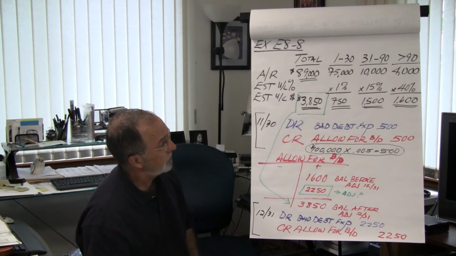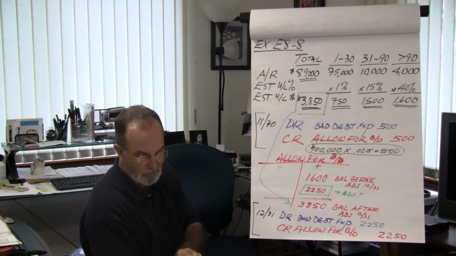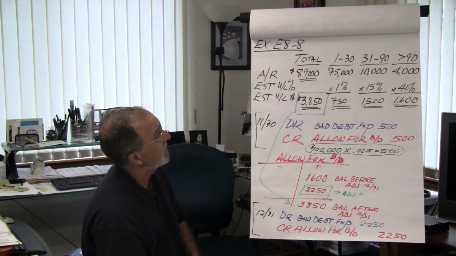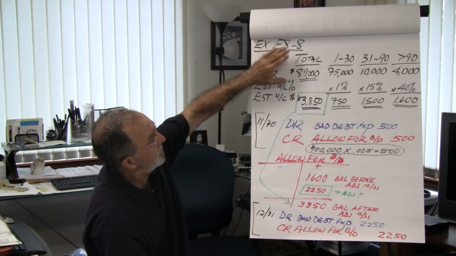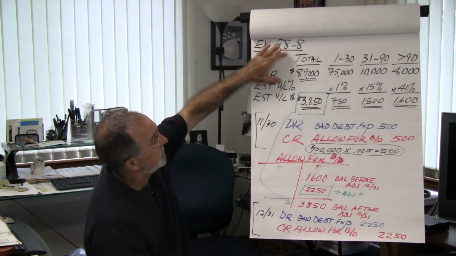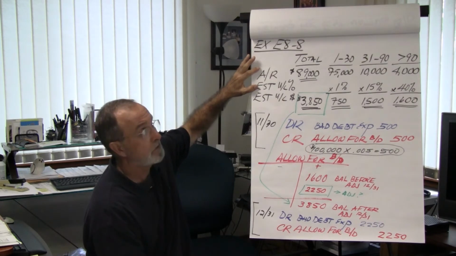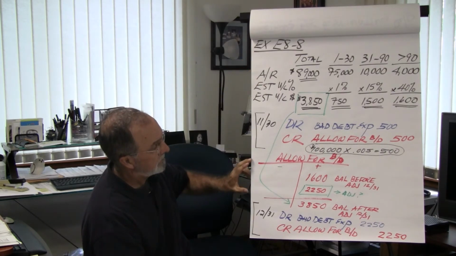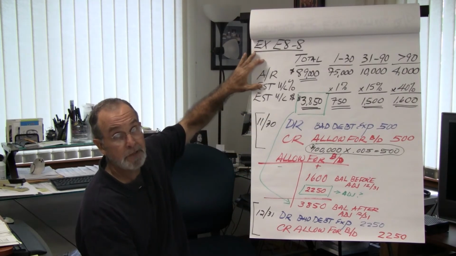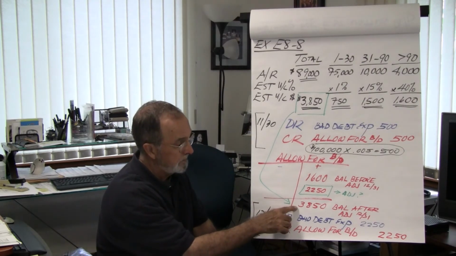Now, for the last requirement 4, when we show these amounts on the balance sheet, we will show both accounts receivable, $89,000, as well as the allowance for bad debts, which accounts receivable is a debit balance, and the allowance for bad debts is a credit balance.